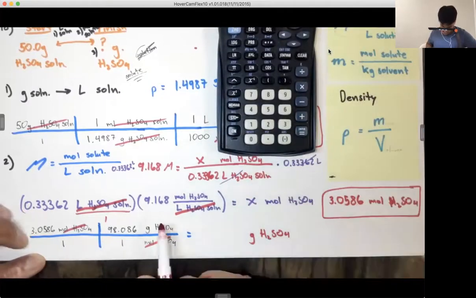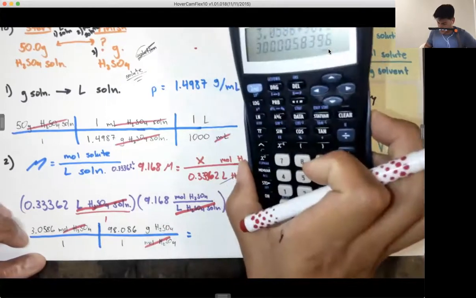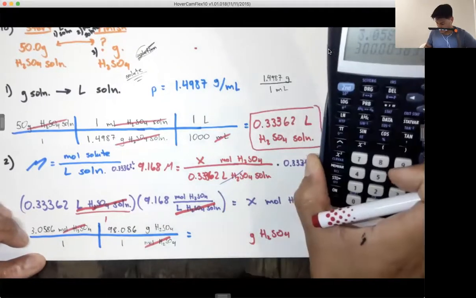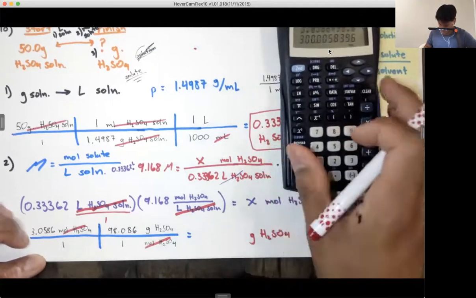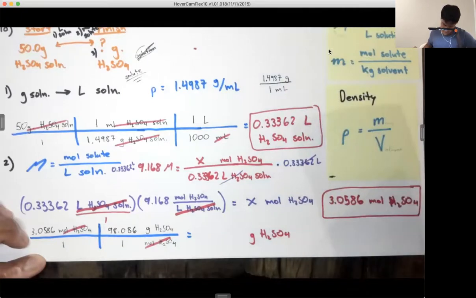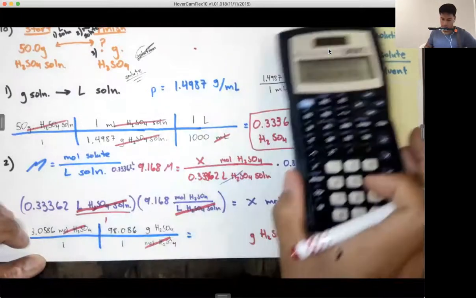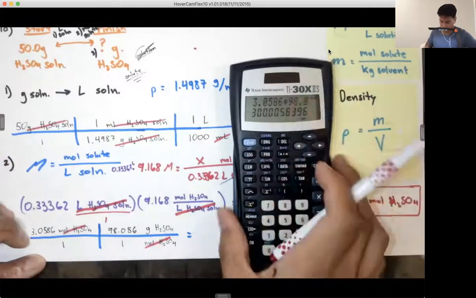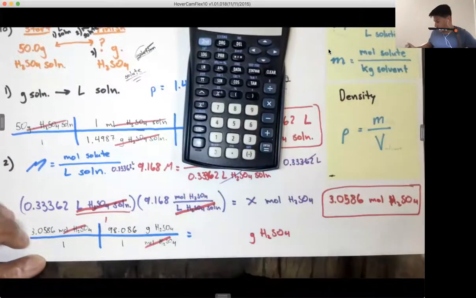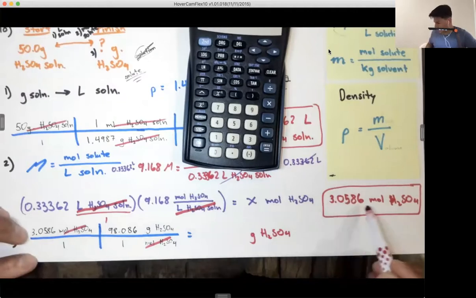Where was my mistake here? I made a mistake somewhere here, because it's impossible that you'll have 300 grams in the solution. If you have 50, you can't have 300 grams of H2SO4 in a 50-gram solution, right? So I made a mistake somewhere, and that's right here.